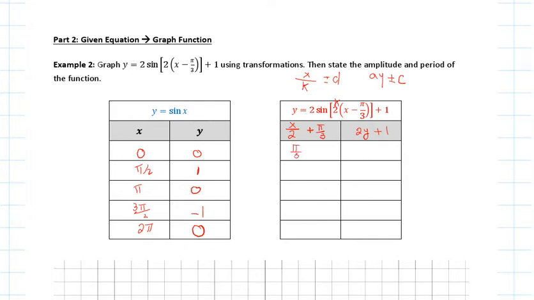Then pi over 2 divided by 2 is pi over 4, plus pi over 3. Common denominator is 12, so 3 plus 4, that's 7 pi over 12.